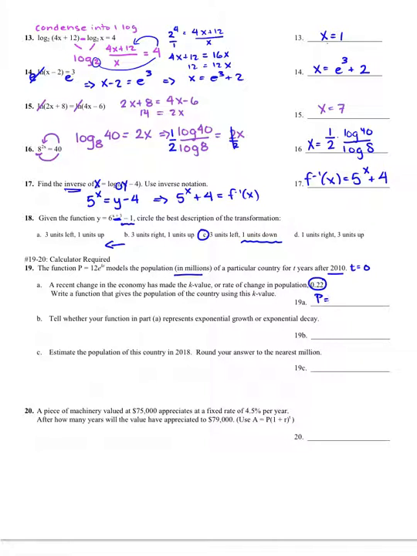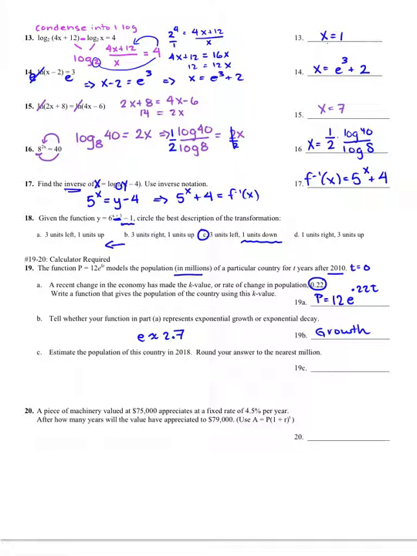So P equals 12e to the 0.22t. Tell whether your function represents exponential growth or exponential decay. So remember, e is about 2.7, and since your exponent is positive, this is going to be growth.